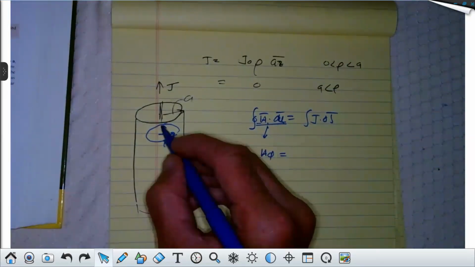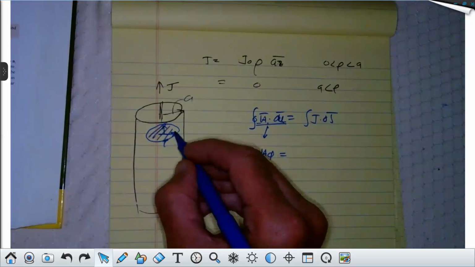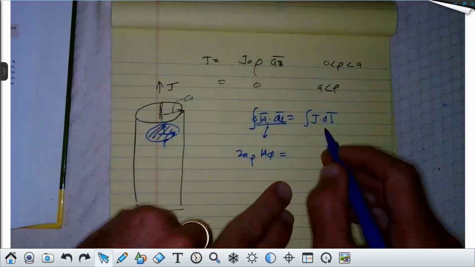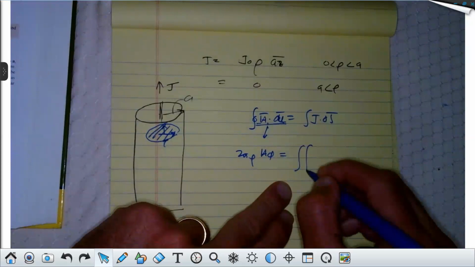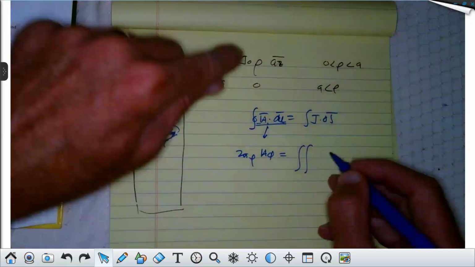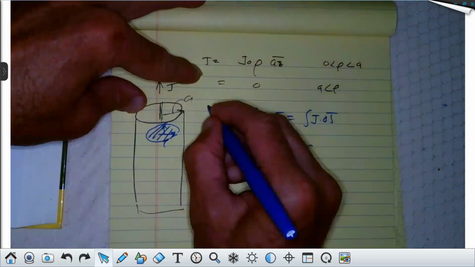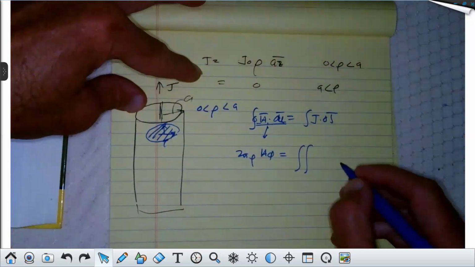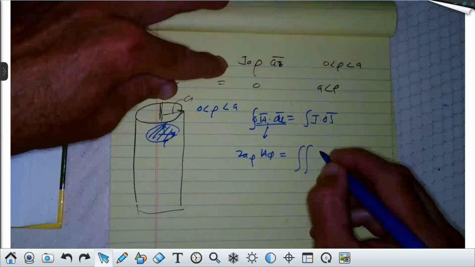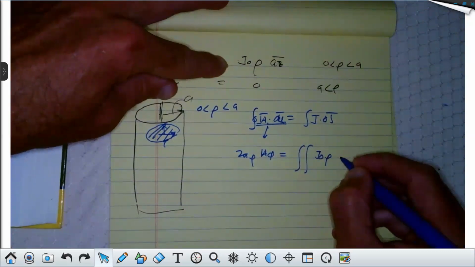So I say that J dot ds, where J is given up here, and this part of the problem is for rho greater than 0, less than a. So J is J naught rho az.